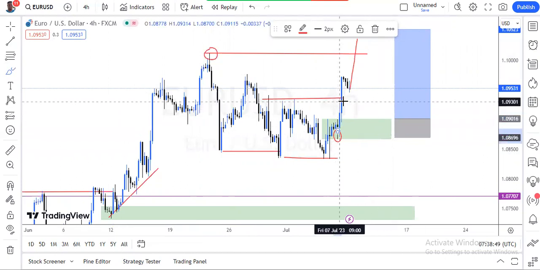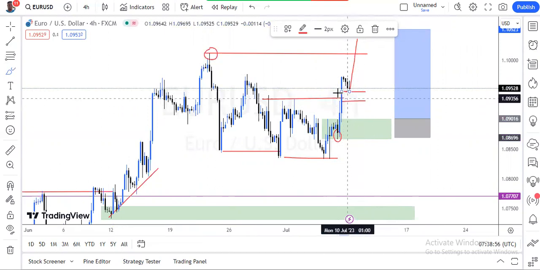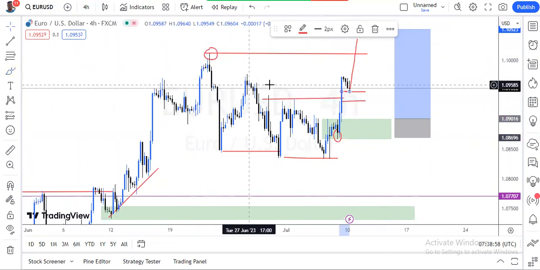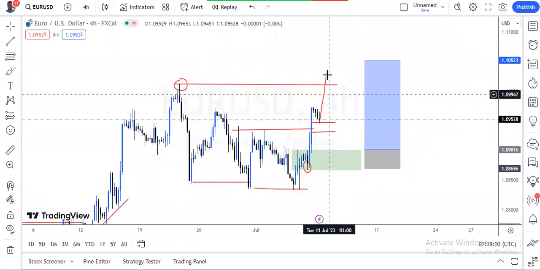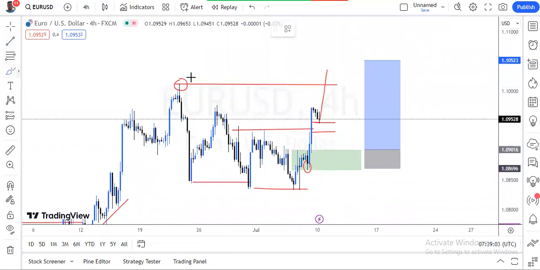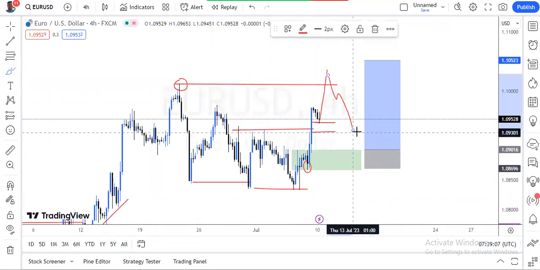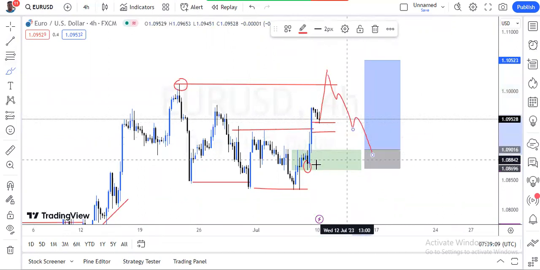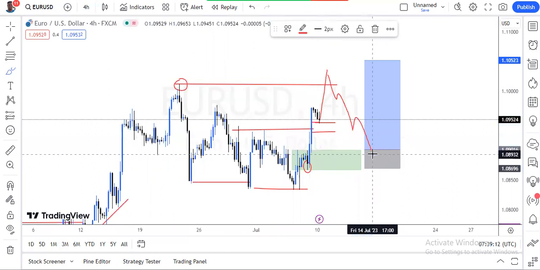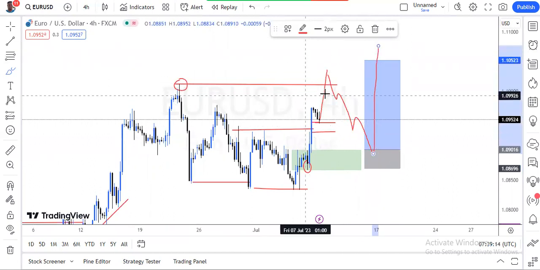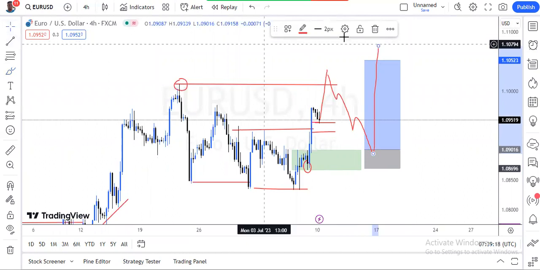Then we are looking at this imbalance here, the fair value gap, in light of liquidity also, because price moves in the direction of liquidity. So when we get that move so sharply, we are going to drop to clear off all this. We take this liquidity and slightly take this liquidity, and then price continues going upward. So that's what we are looking for on the Euro USD.